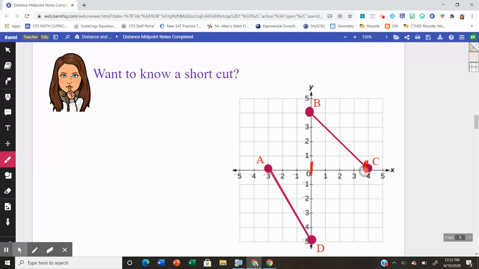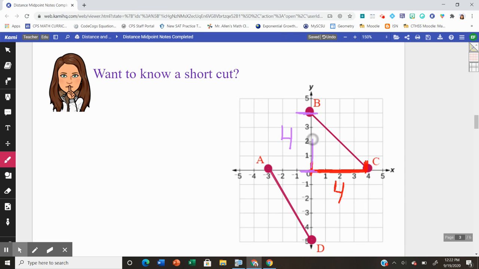If we want to find this length here, the difference in those points is going to be 4 units. If I try to find the difference in the y values, well, that's asking really what's the length from here to here, in which case that's going to be also 4 units.